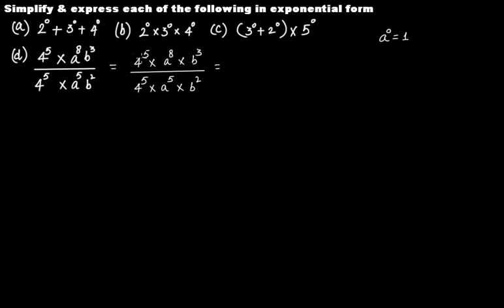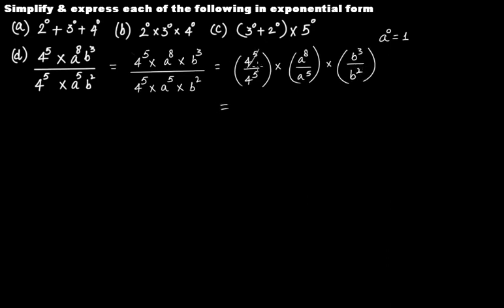If there is no sign of any operator between two variables, it means multiplication. Now this can be grouped together like 4 to the 5th power divided by 4 to the 5th power, then multiplied by a to the 8th power divided by a to the 5th power, multiplied by b to the 3rd power divided by b to the 2nd power.